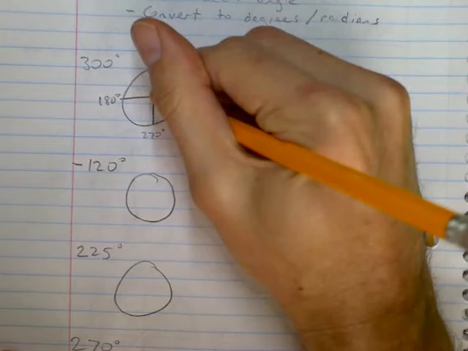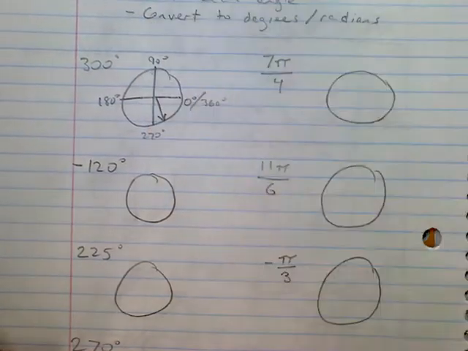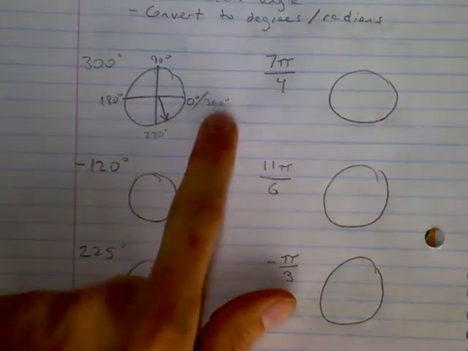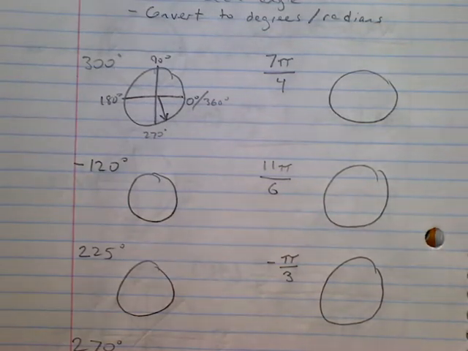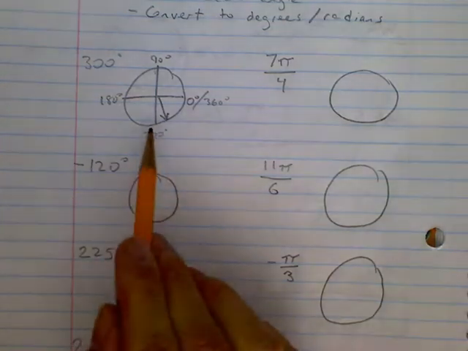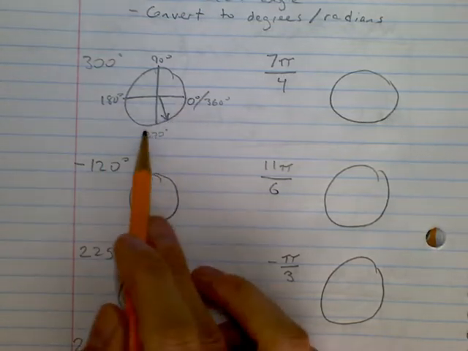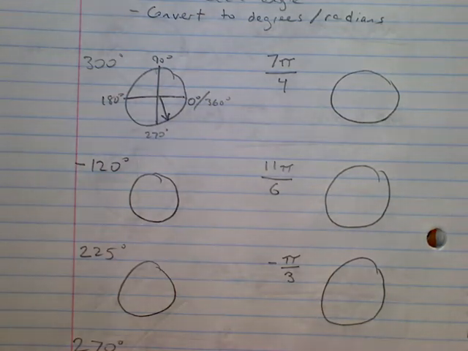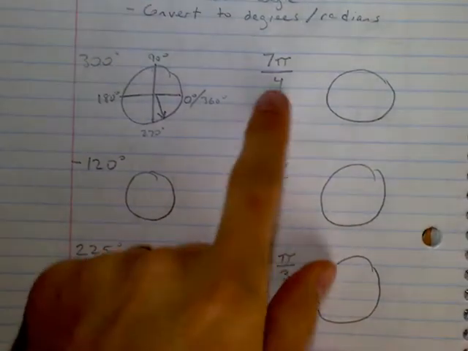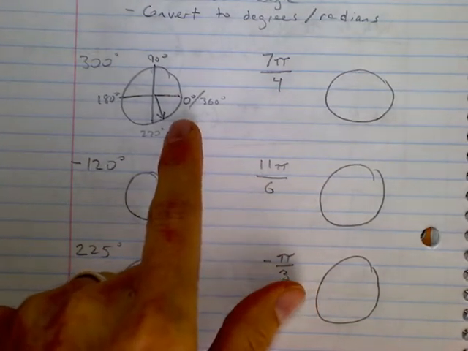Okay. So it's 30 degrees past 270. So it's going to be right there. Or 60 degrees away from 360. So it's one of those multiples of 30, right? Because it's a multiple of 30 away from all these other important ones. So look at the differences there. 30-degree difference. So it's a 30-degree angle.